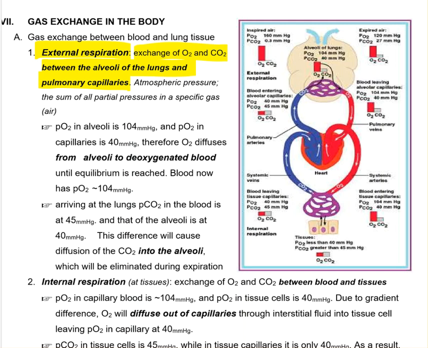Now, atmospheric pressure, remember, which is 760, right? We'll put that back in here again so you remember. 760 millimeters of mercury. One thing I didn't say about it is it's the sum of all partial pressures in that gas. So air has 760, but each gas in the mixture of air outside of us has a different pressure.